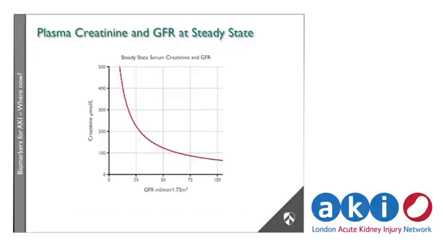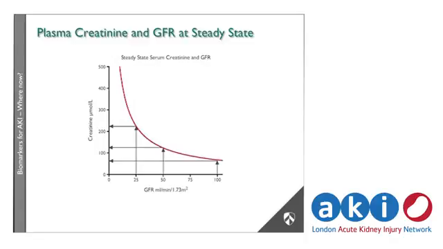So this is the relationship between plasma creatinine and GFR at steady state, and just to illustrate, if you halve your GFR, you'll double your serum creatinine. But what you can also see is, because it's a reciprocal relationship, that quite large changes in GFR up here, when you're going from 100 to 50, result in relatively small changes in creatinine, whereas the halving of GFR down here is actually a smaller absolute change in GFR, but produces much larger changes in creatinine, because you're doubling from a higher number.